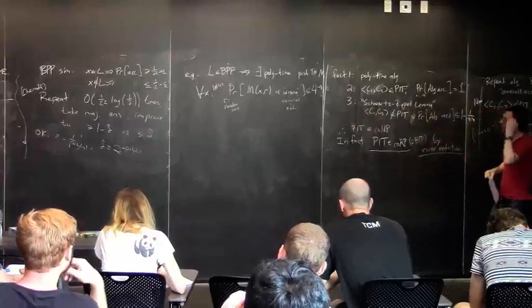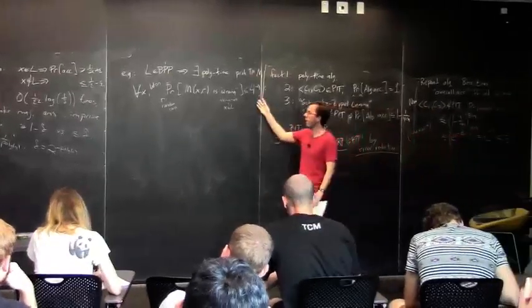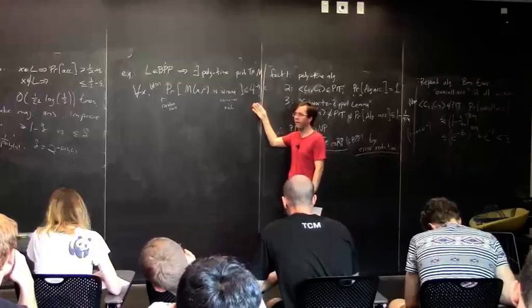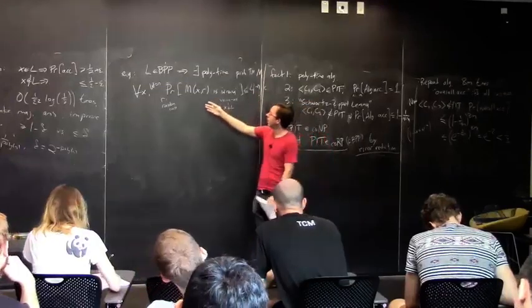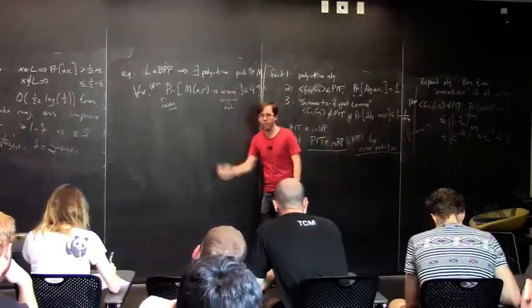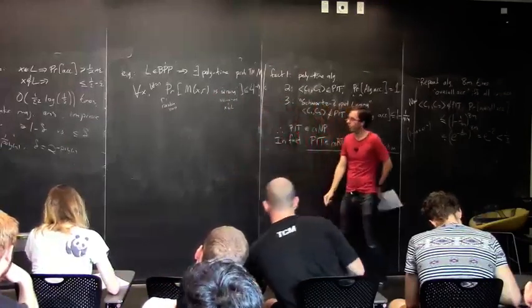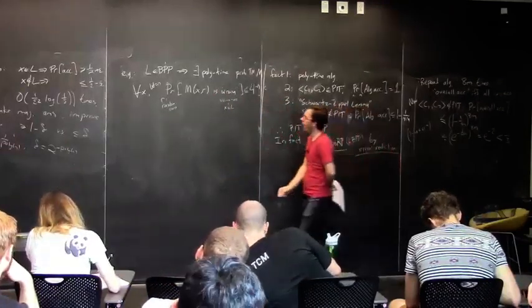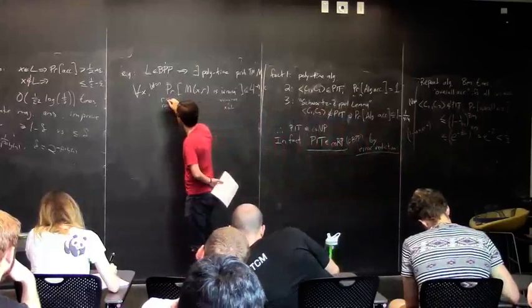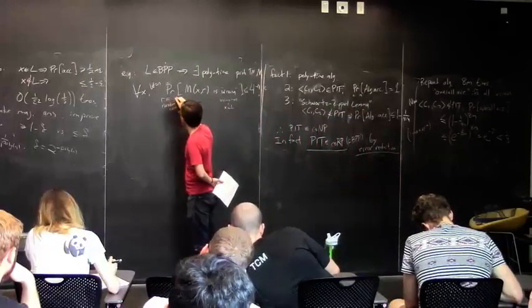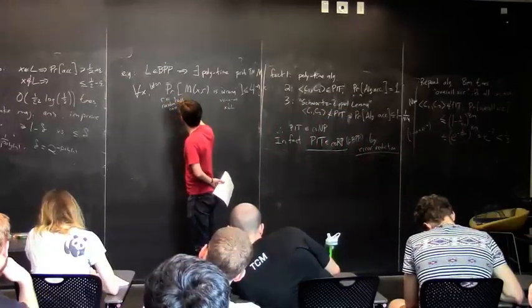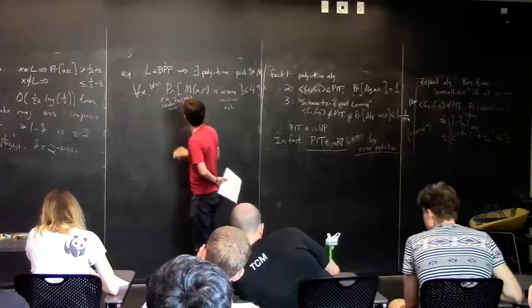Whenever you have a language in BPP, you can get this kind of fact, at the expense of maybe increasing the running time by order n. And let me introduce some more notation: say this random string is randomly chosen from some polynomial number of bits.